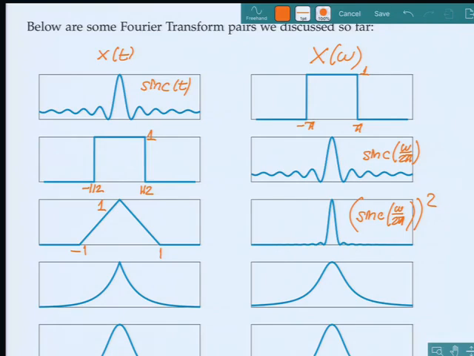And that is consistent with our intuition that if the signal in time is smoother, it doesn't have sharp edges like the pulse, then it should not have too many high frequencies in its spectrum. You can see this comparing the second and third pairs. The pulse has very sharp edges, therefore it has high frequencies present, whereas the triangle is smoother, therefore the high frequencies die down faster.